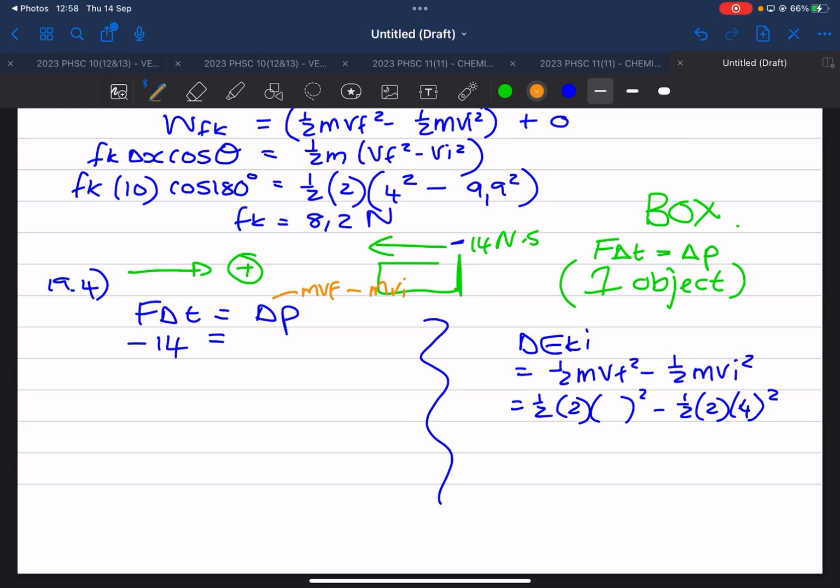No squares. Okay, so the mass is 2. The final velocity we want to know, the initial velocity is 4.